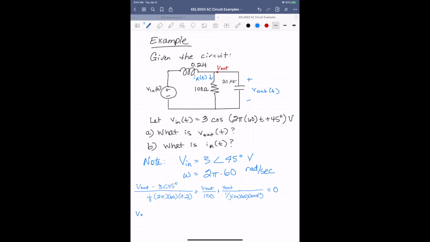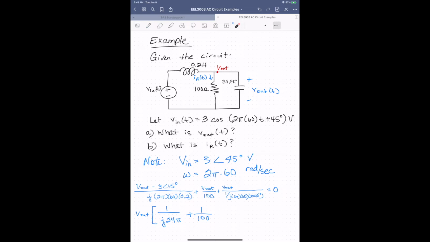We'll get V out times 1 over J times 2 pi times 60 times 0.2. I pre-calculated this. It's going to be J times 24 times pi. And then we factor out a V out of the second term. We get 1 over 100.